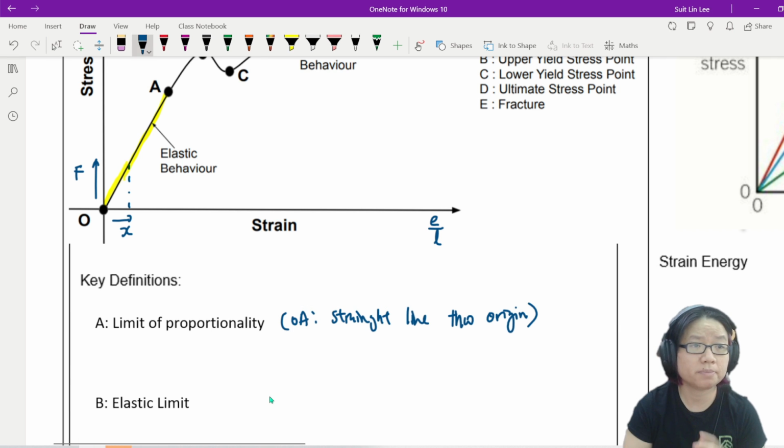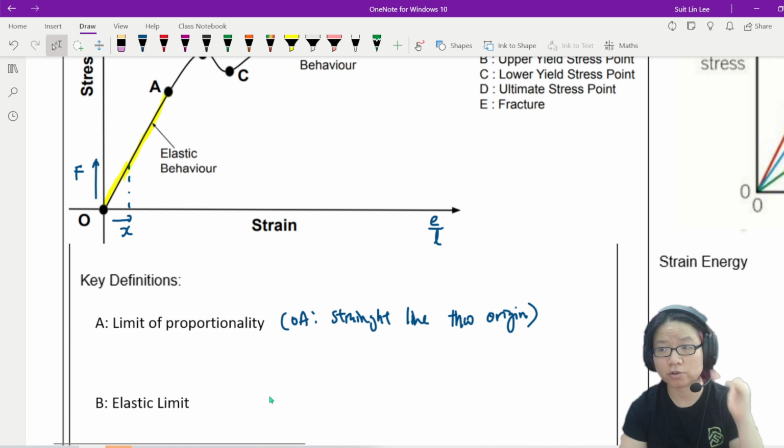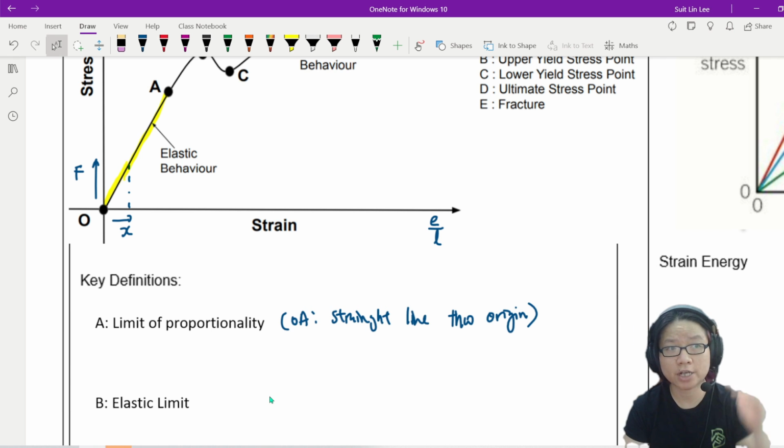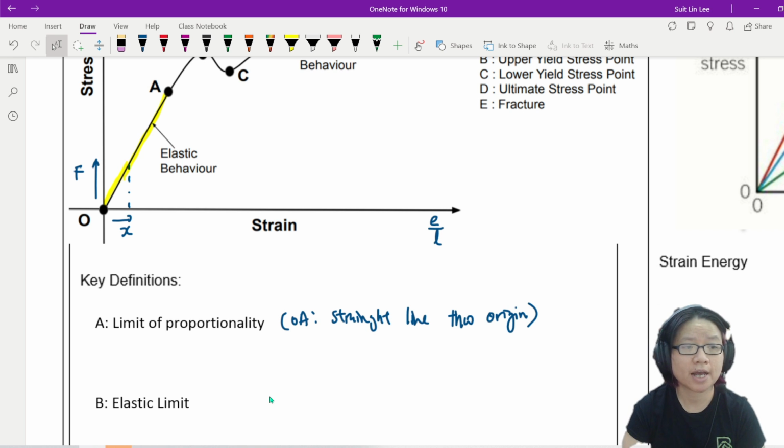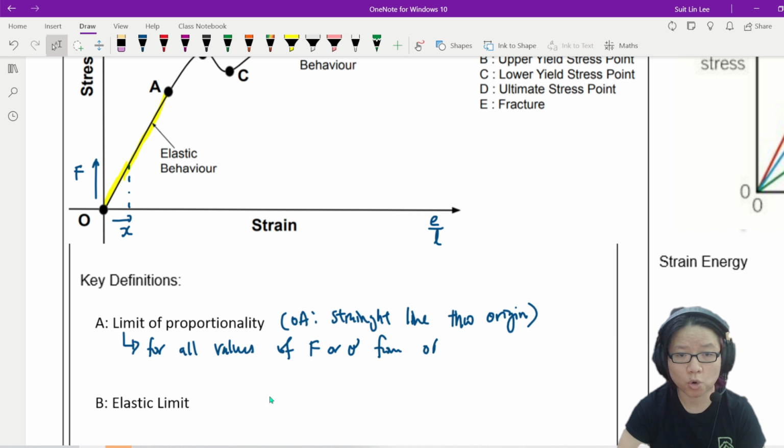So what that point means is for all values of F or stress from O to A, F is proportional to X, to extension.